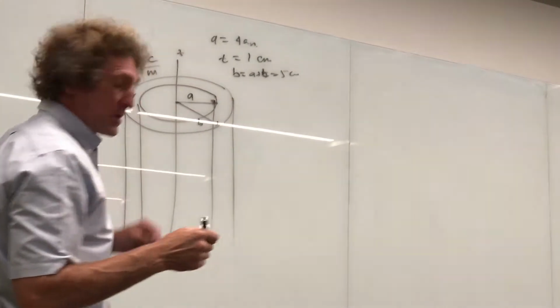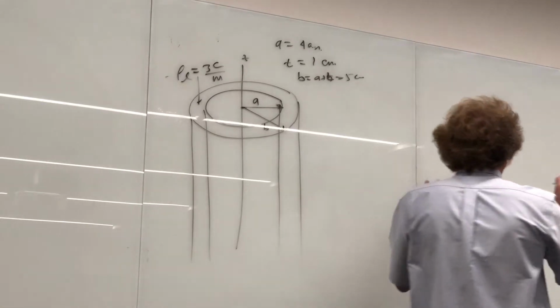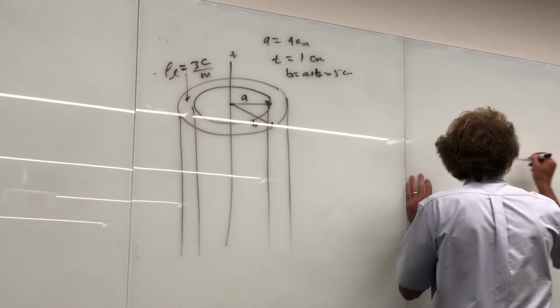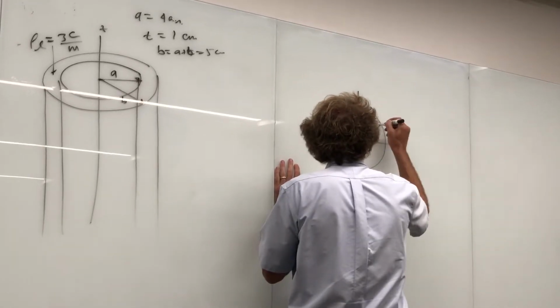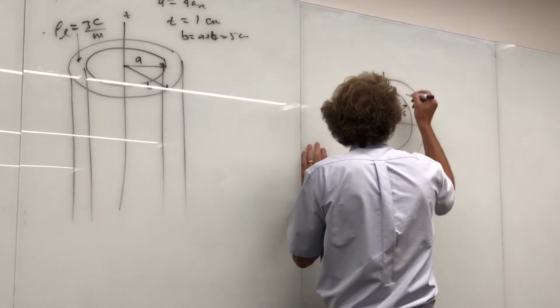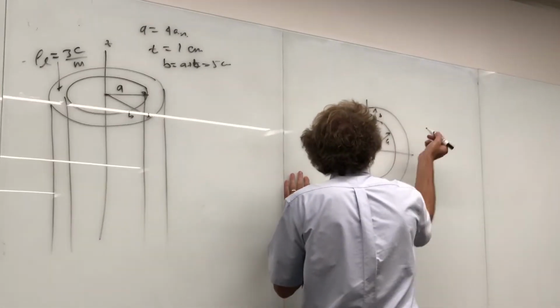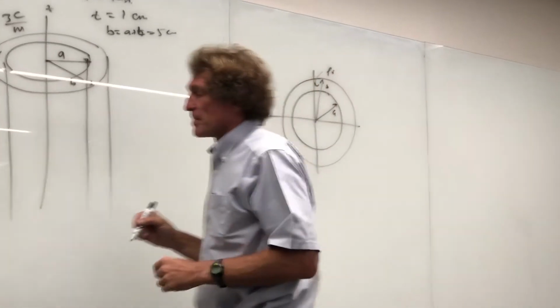All right, for this one, this is the classic kind of problem. What I'm going to do is look right down the pipe. So I'm going to come down the z-axis, and I'm going to show you that there's the first, this is radius A, and then out here is radius B. And here's where the volume charge density is that we have to calculate.